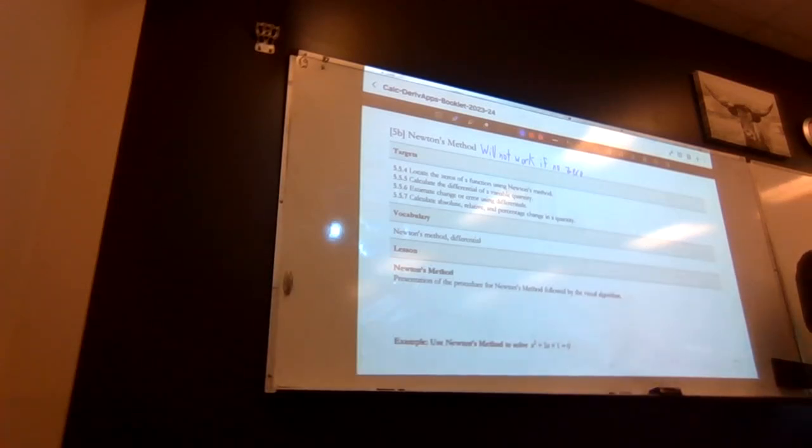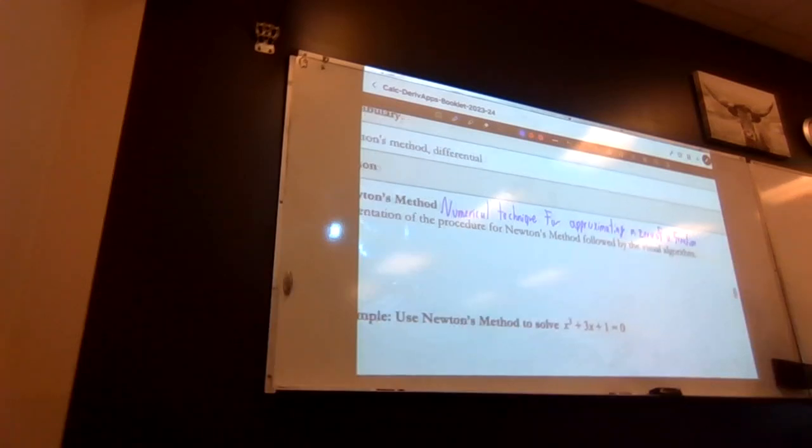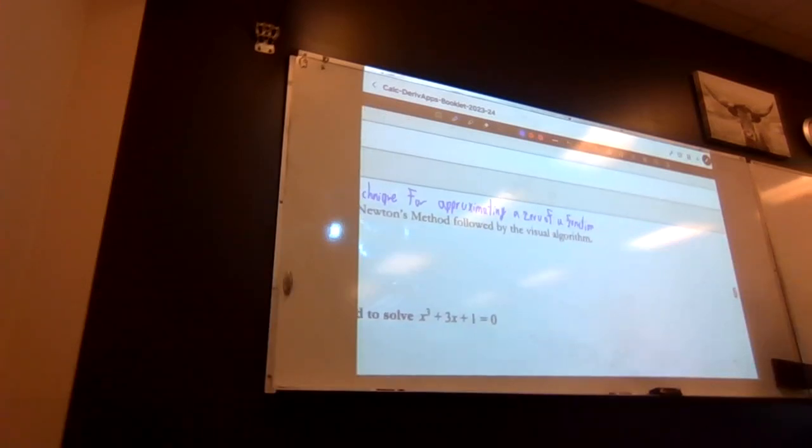So, this is a numerical technique for approximating a zero of a function with a zero of its linearization.